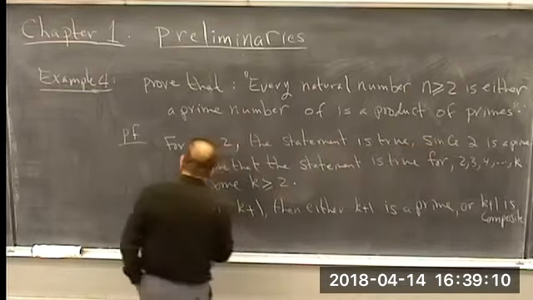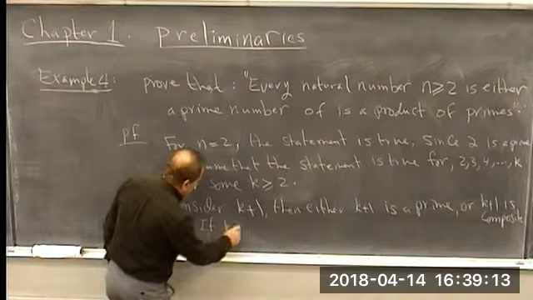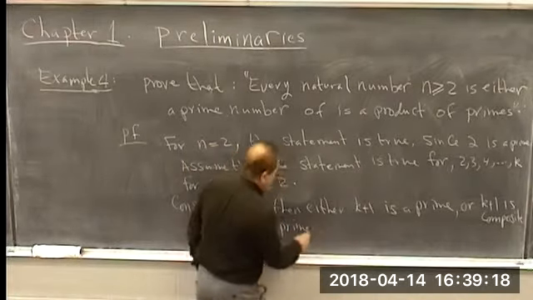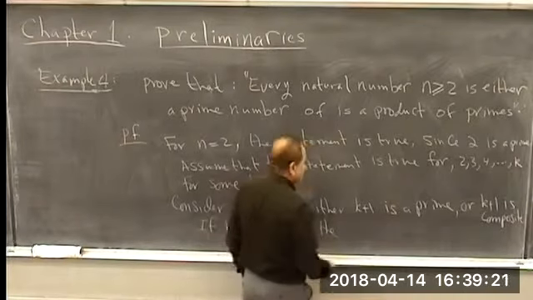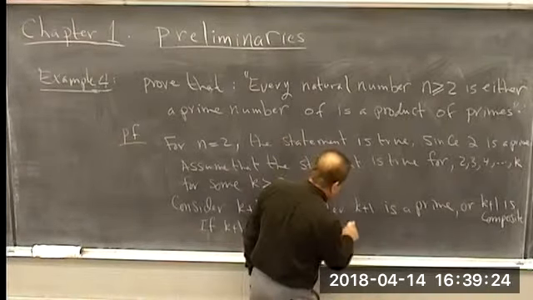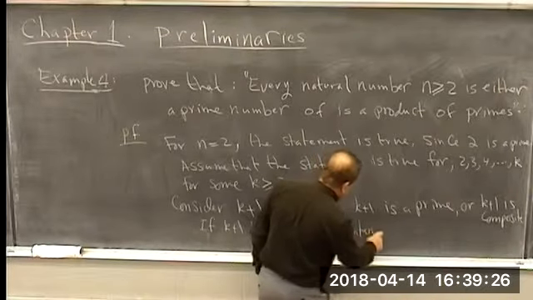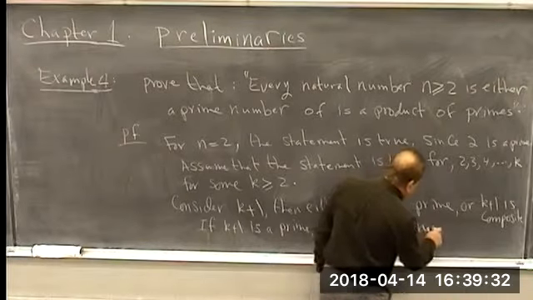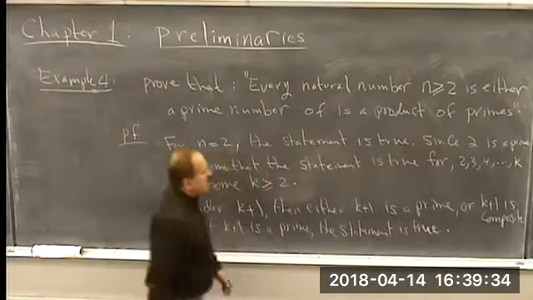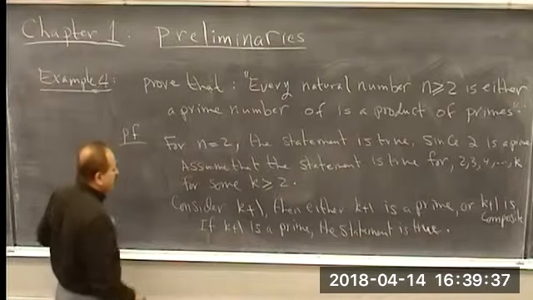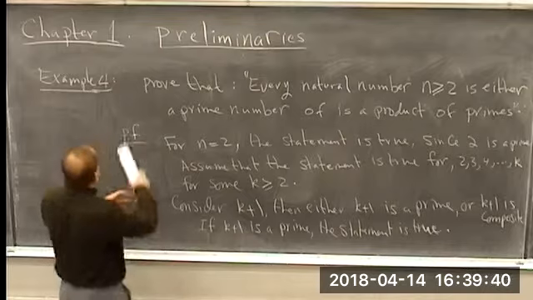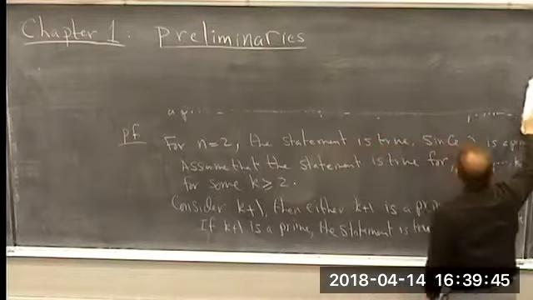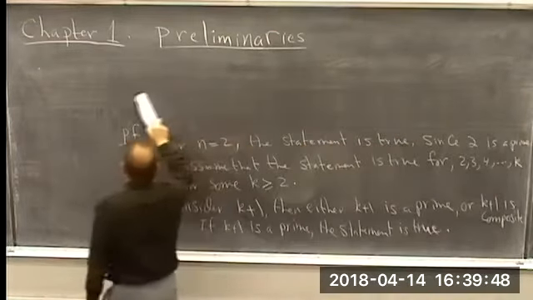Well, if k plus 1 is a prime, the statement is true. And we're done with this, all right? However, if k plus 1 is composite, then we need to apply what that means.